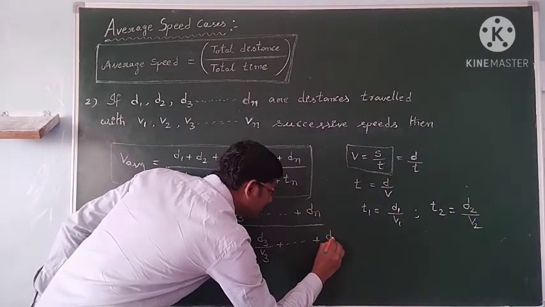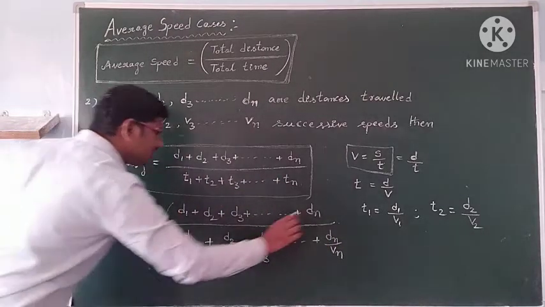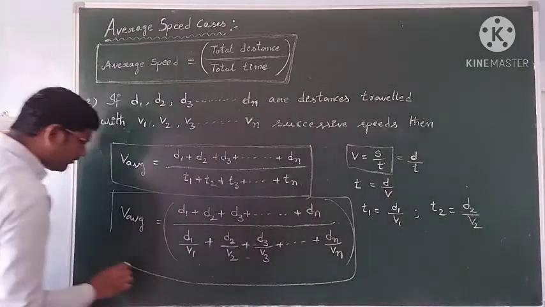Tn means Dn by Vn. So this is the average speed formula.